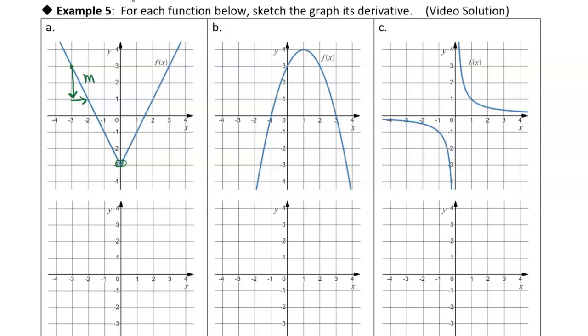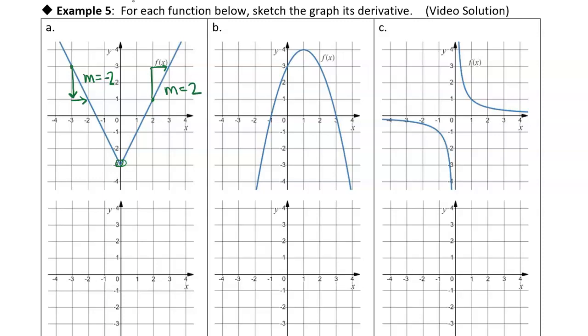So on this side of the y-axis, the slope is equal to -2, right? It's down 2 over 1. On the other side, you can see it's linear, but now we're going up 2 and over 1, right? So the slope is equal to +2 on the right-hand side.